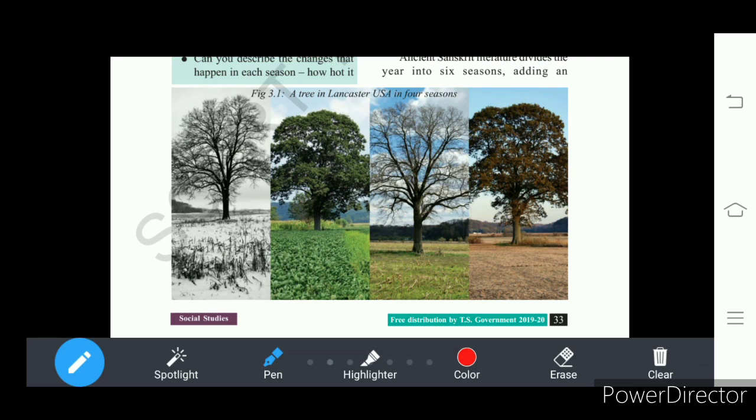How is summer in our India? We witness temperatures of 38, 40, 45 degrees centigrade. That's very hot, right? The hottest part of the summer, the month of May, we experience. Such a summer as we experience is not experienced in North America.